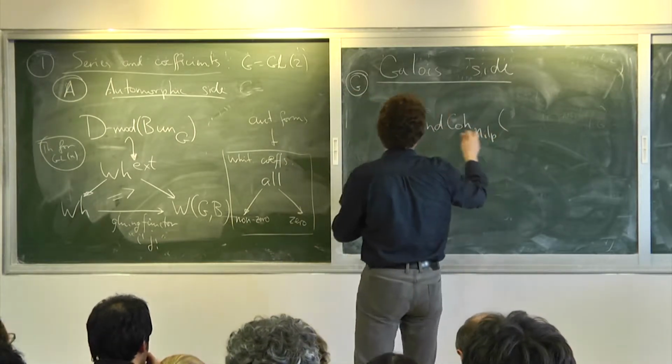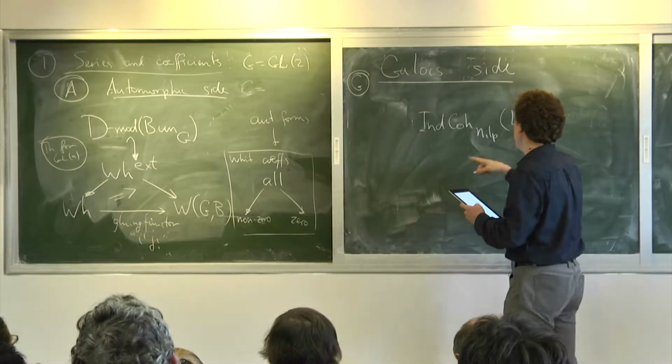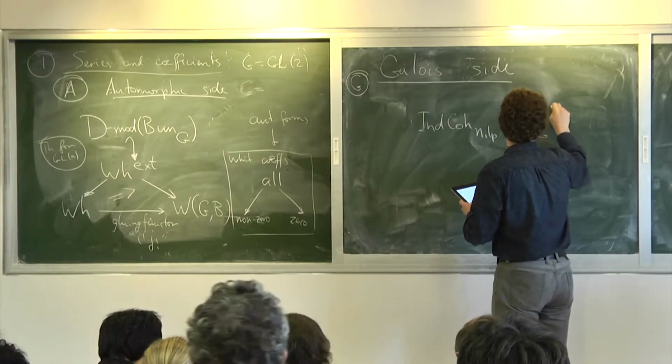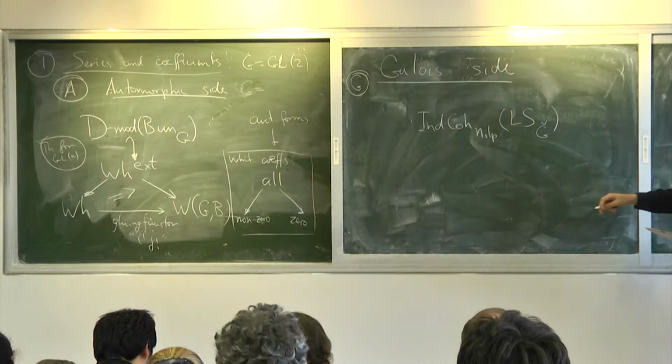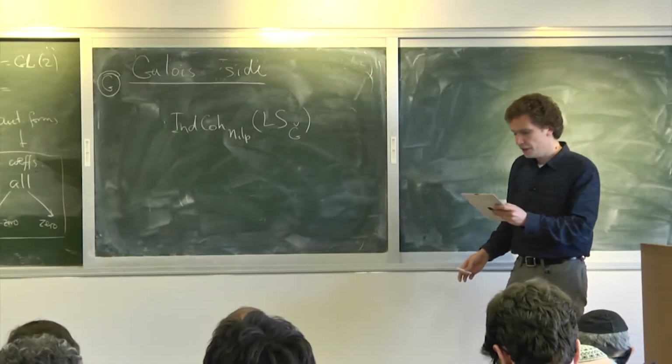So there's our object of study, the category of ind-coherent sheaves with nilpotent support on the stack of local systems. I'll just write LS for local systems, otherwise it will never fit.